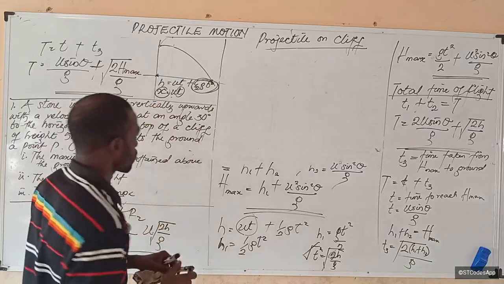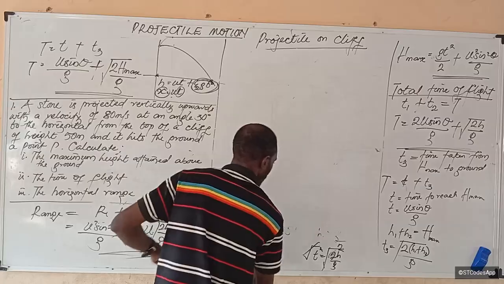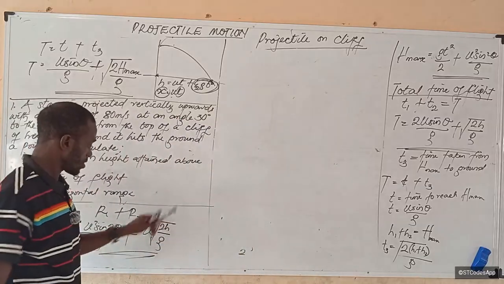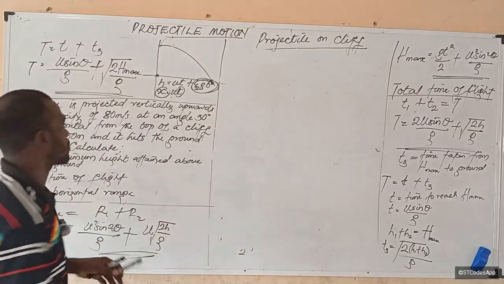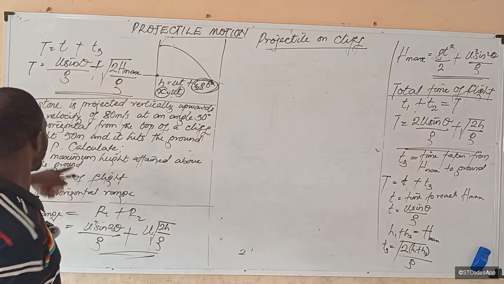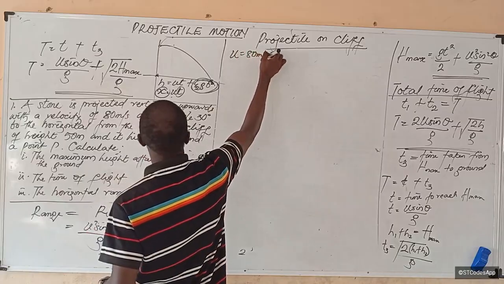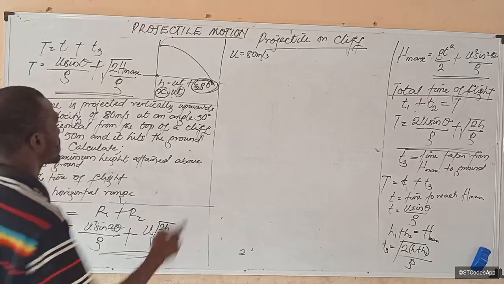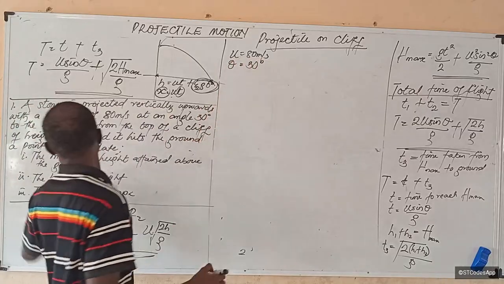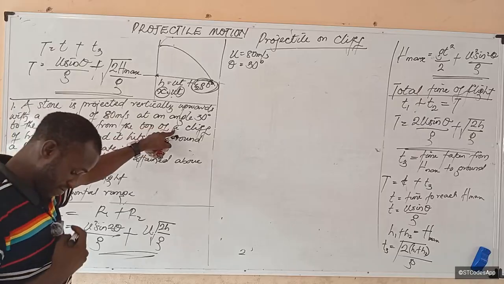All right, let's solve this question now. This is the formula you use in that case: u times the time taken to fly down. We are given a body projected upward with u equal to 80 meters per second at an angle theta equals 30 degrees to the horizontal, from the top of a cliff.